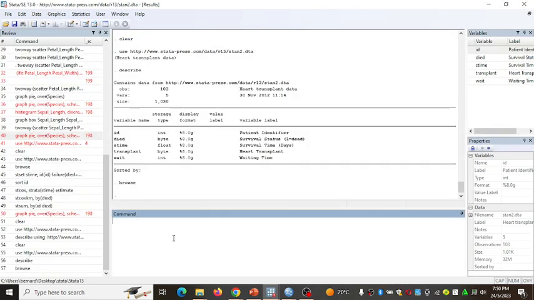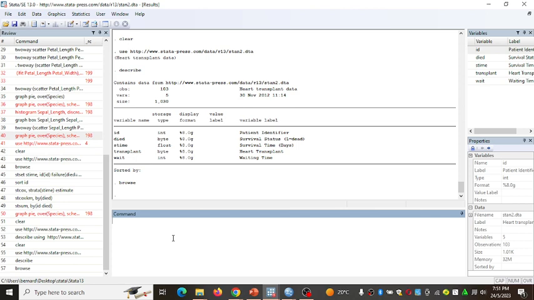So what do we do now? We have the data. First thing, you have to declare your data to be in survival analysis format.